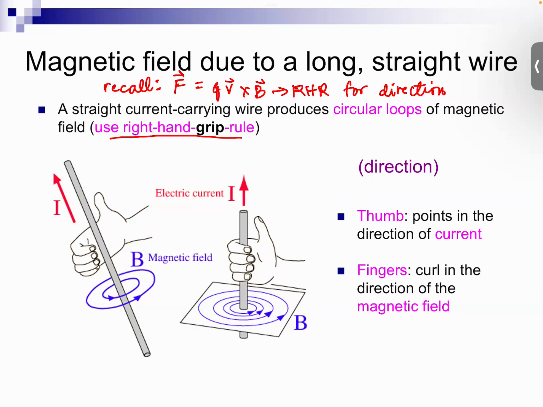But the direction of the magnetic field created by the current is also determined by a right-hand rule, right? So they're both referred to as right-hand rule, but they're applied differently.